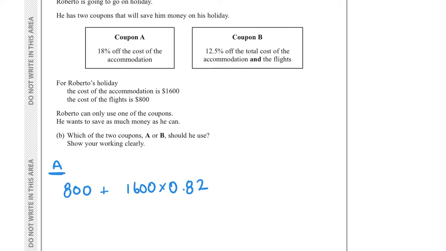This is already going to have that reduction. Or you could find 18% and subtract it off. There's loads of different ways. I really love the multiplier method. So 1,600 times 0.82 is 1,312 plus 800. So for coupon A, he's going to spend a total of $2,112.